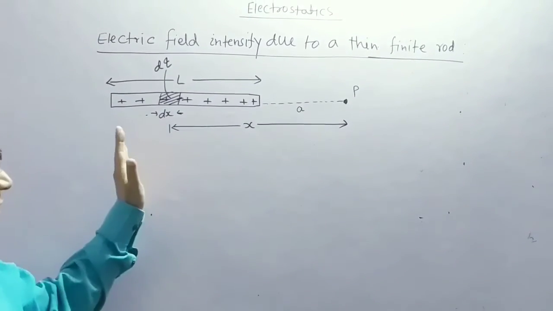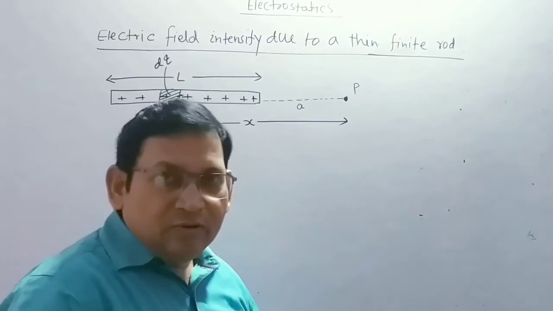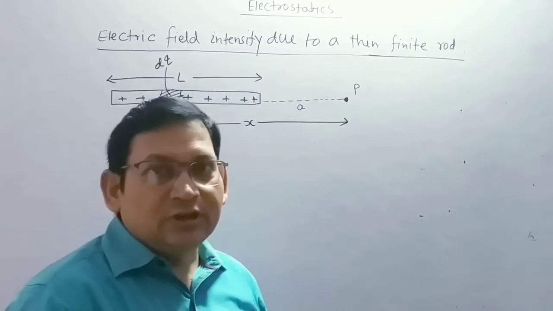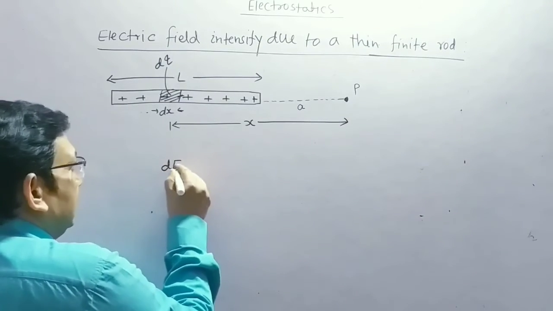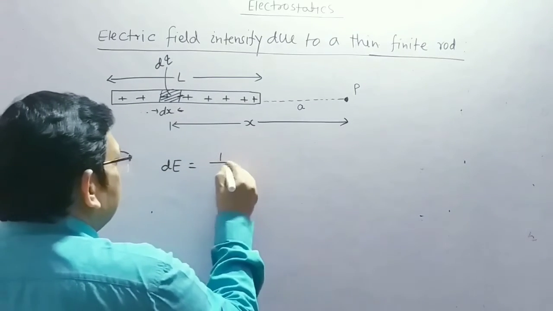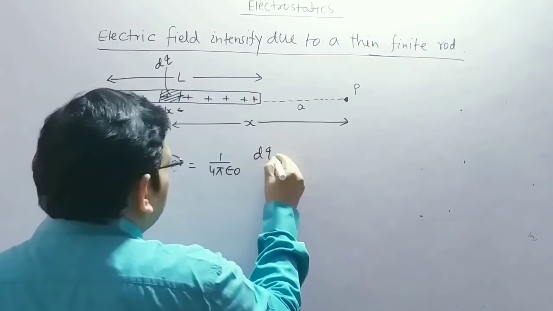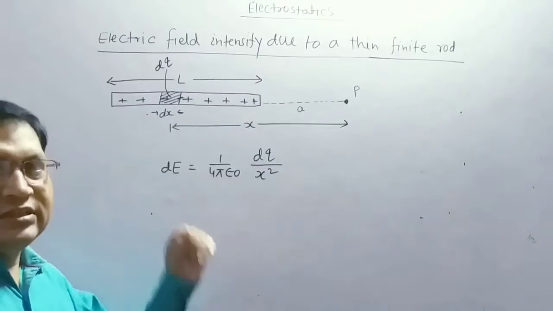Now we are going to write down the electric field intensity at P due to charge dq. So electric field intensity at P can be written as 1 by 4 pi epsilon dq by x square.